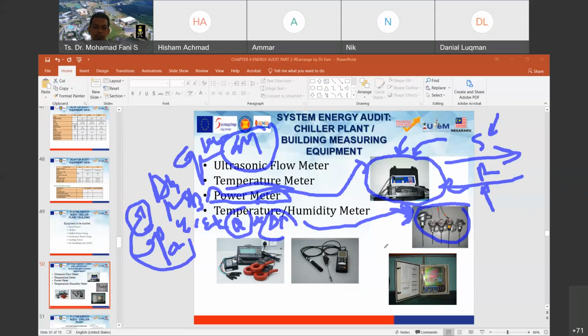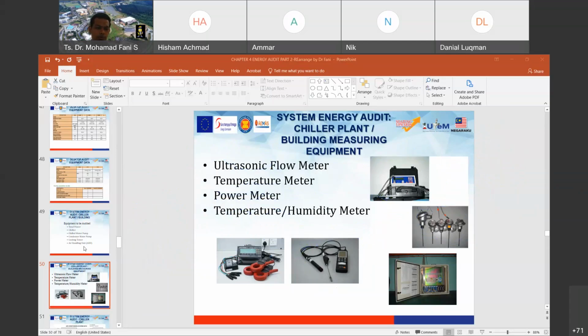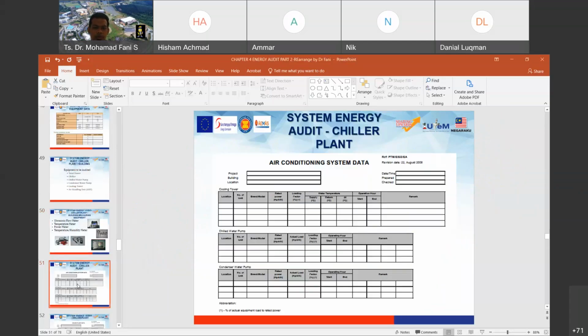Temperature and humidity meter. We also need a temperature and humidity meter at the chiller plant. Okay, the example of the data sheet for the chiller plant audit.